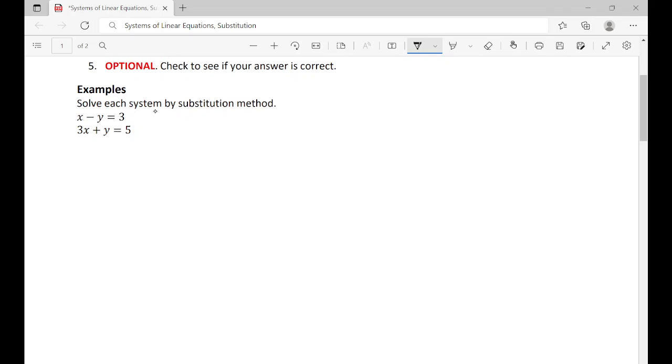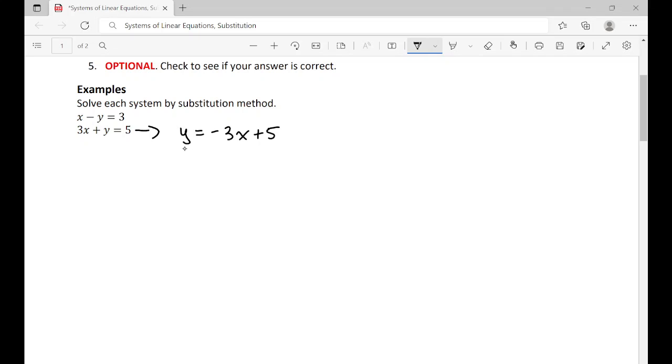So we're going to solve each system by substitution. So x minus y equals 3 and 3x plus y equals 5. I'm going to solve for y in the second one. So I'm going to subtract 3x over, so I'm going to get y equals negative 3x plus 5.